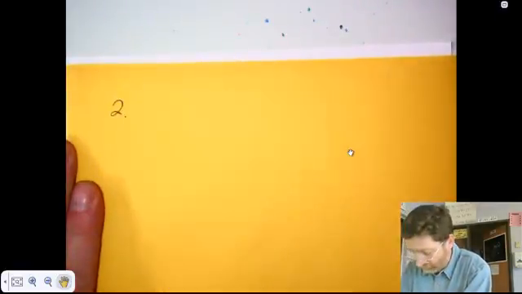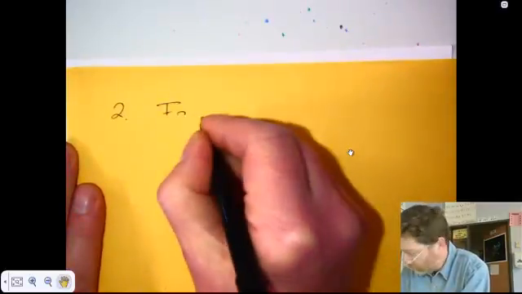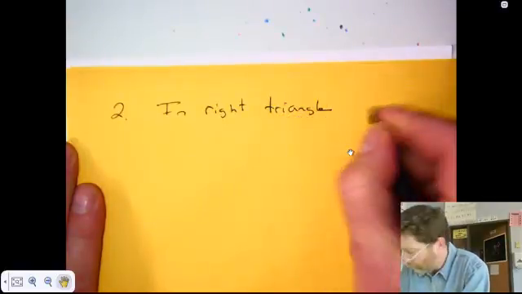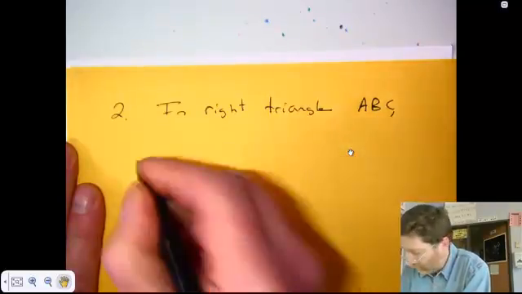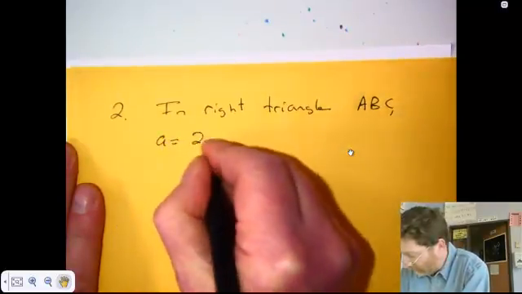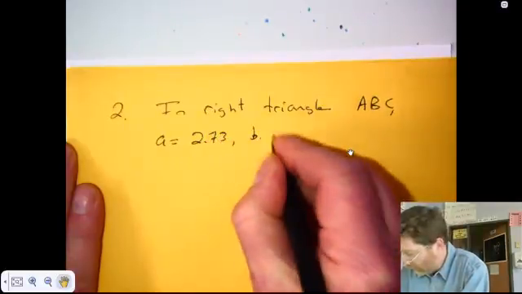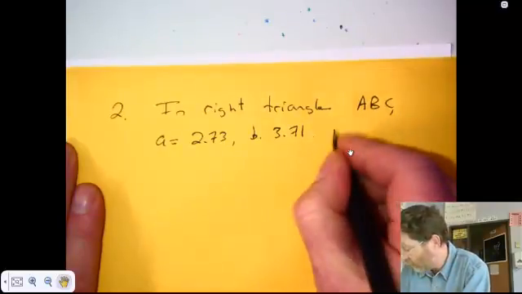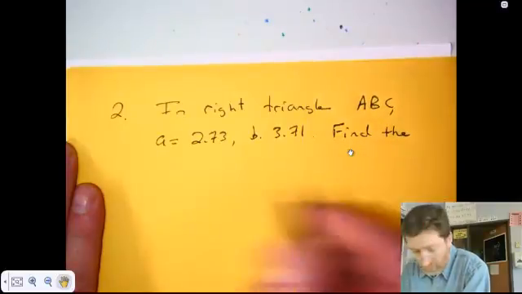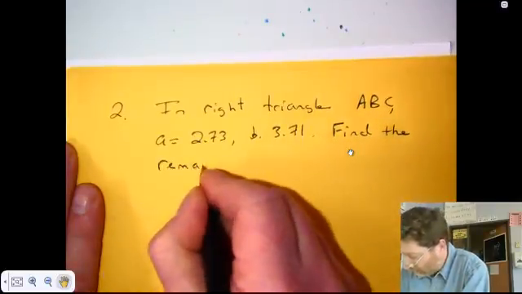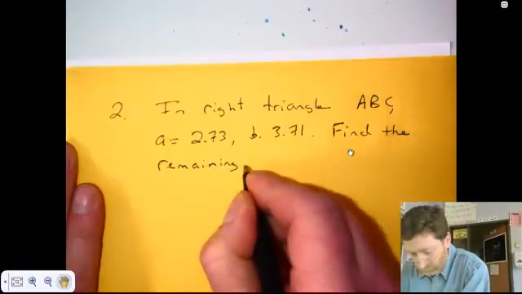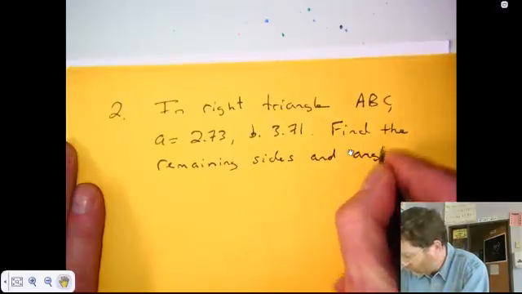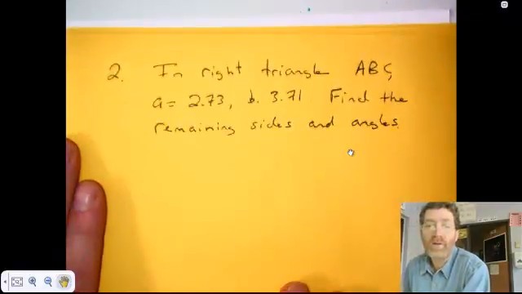In this case, in right triangle ABC, A is 2.73, B is 3.71, and the question is to find the remaining sides and angles. Okay, so find the remaining sides and angles.